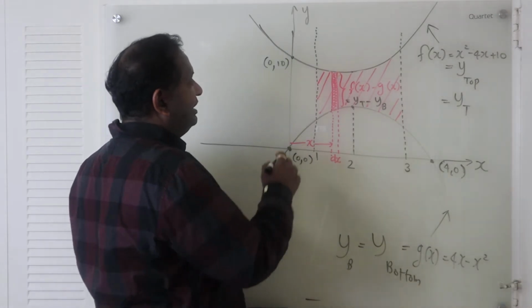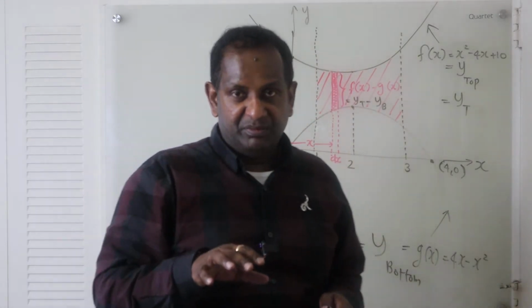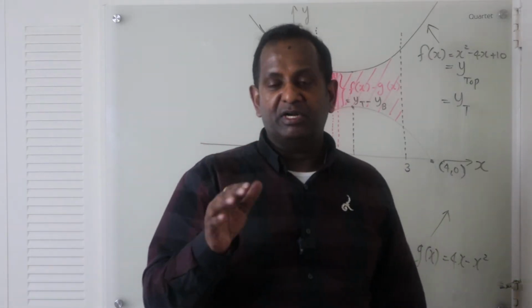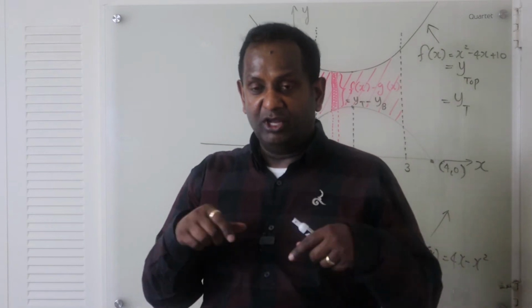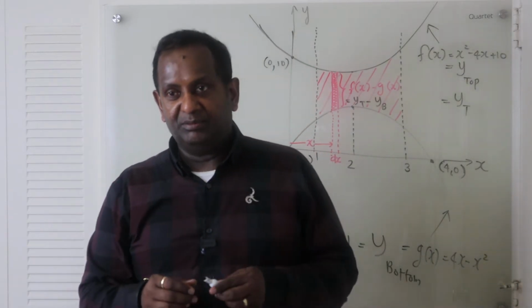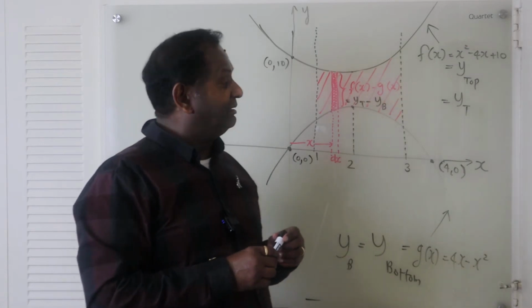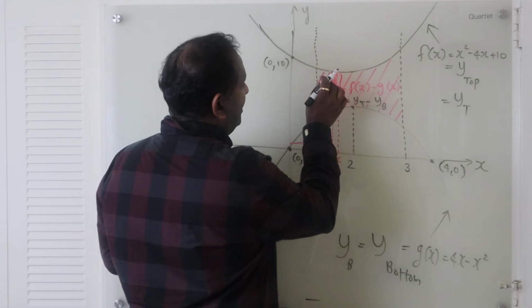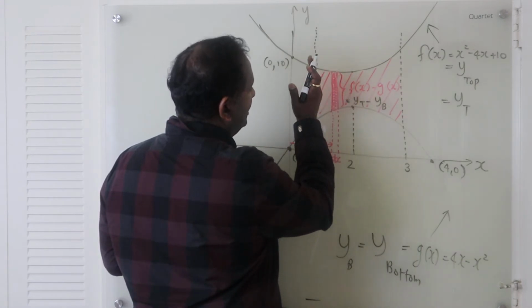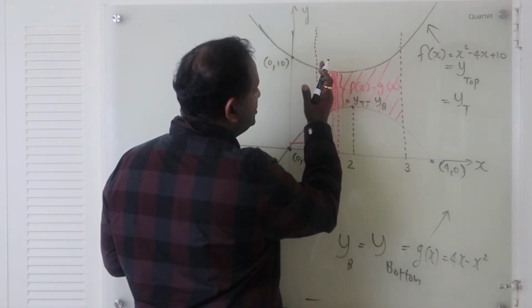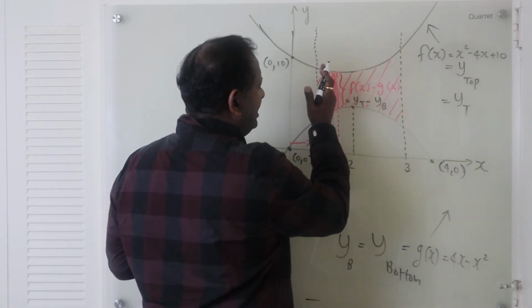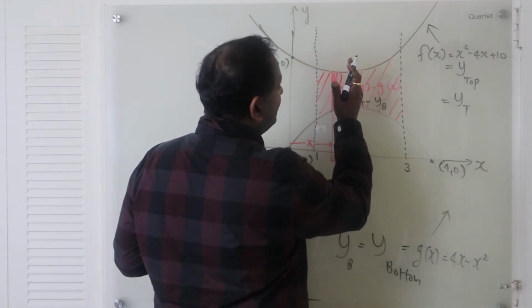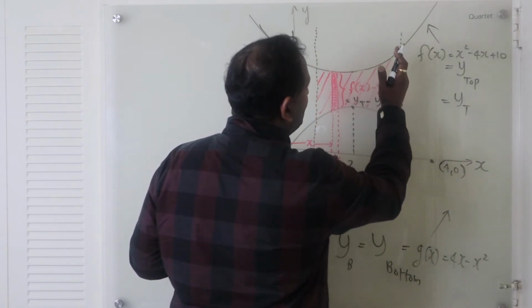Once you find the area of that small strip, that's more than enough for you to find the area of the whole region entrapped between f of x and g of x over the interval 1 to 3. You're going to stack these strips on top of each other, infinitely many, to cover the whole region.